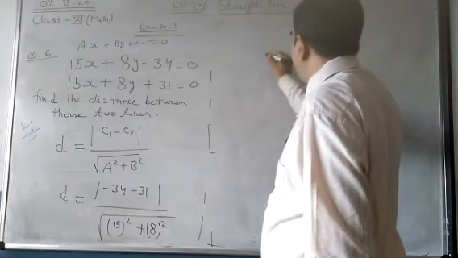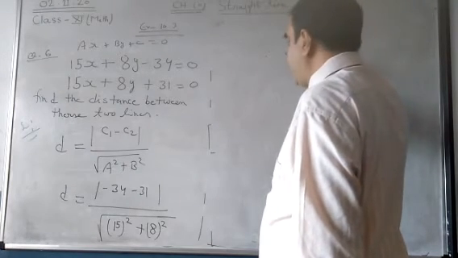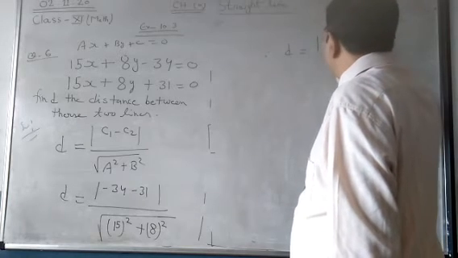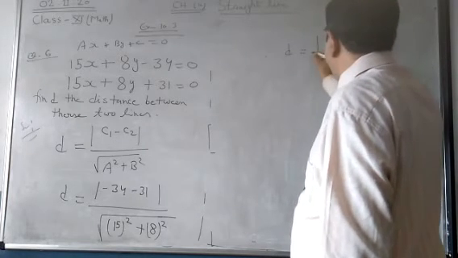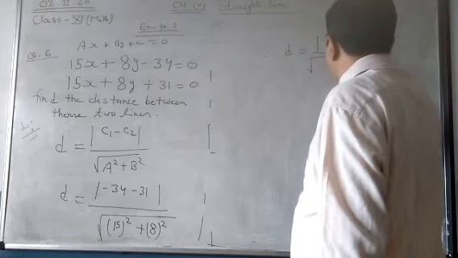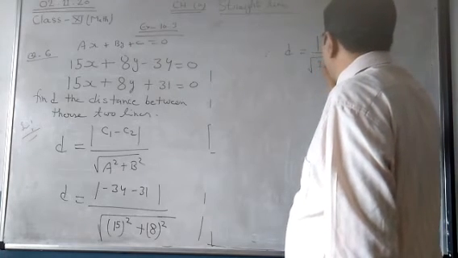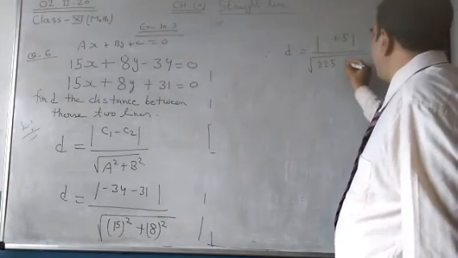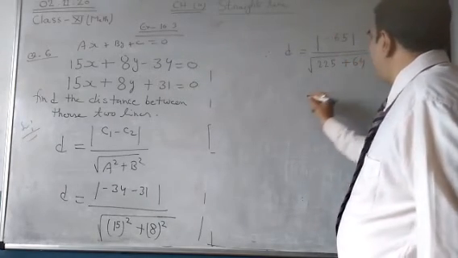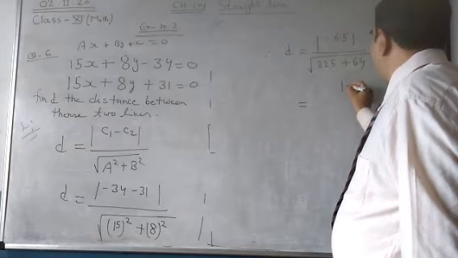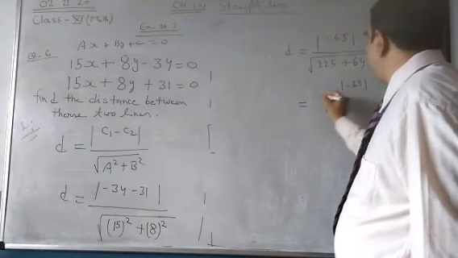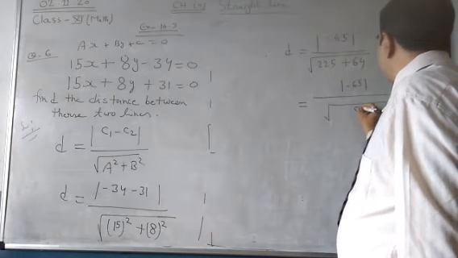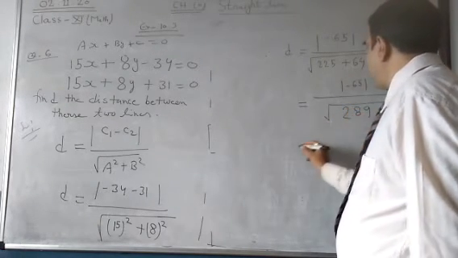So therefore d equals |minus 65| upon under root 225 plus 64, that is 289.